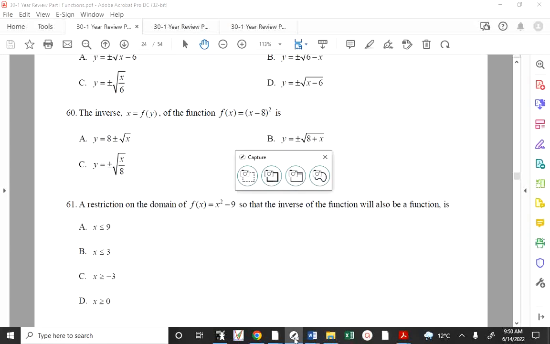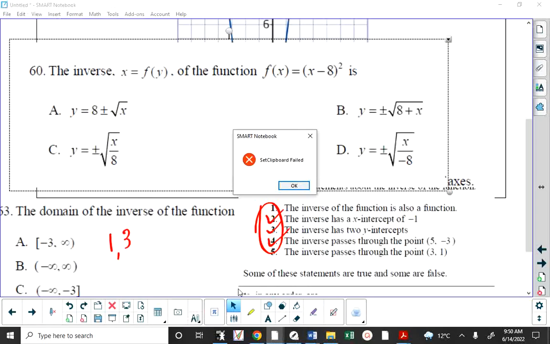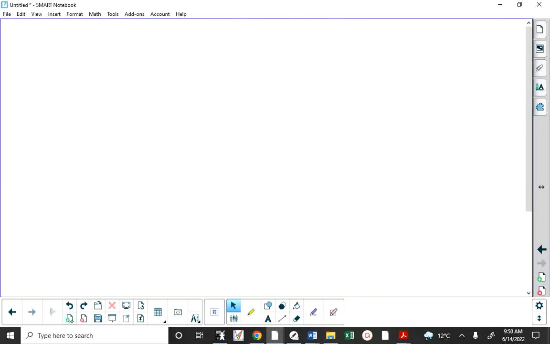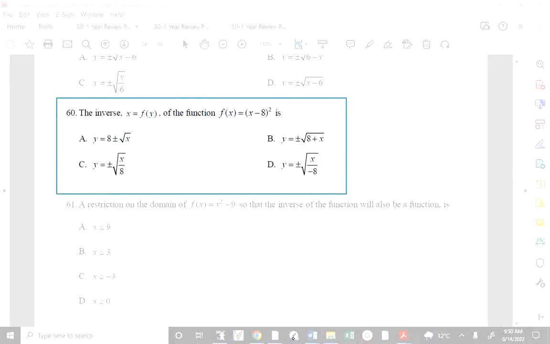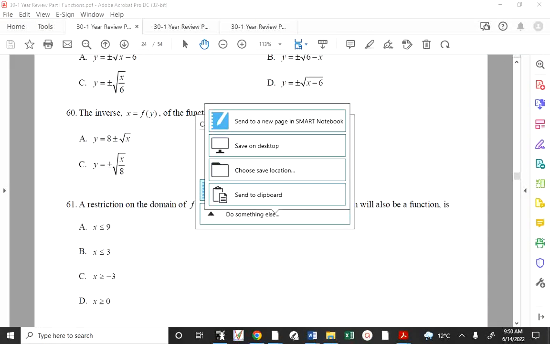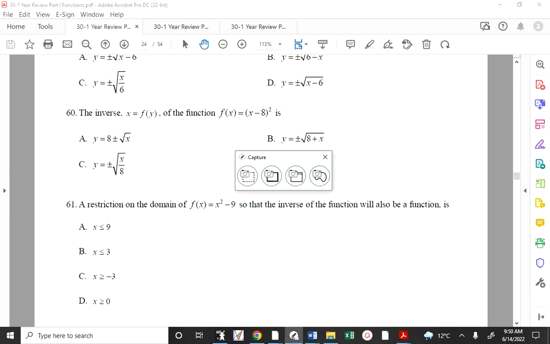So what is the inverse of this function? When you find an inverse, what you have to do is switch x and y and then rearrange for y in equation form.